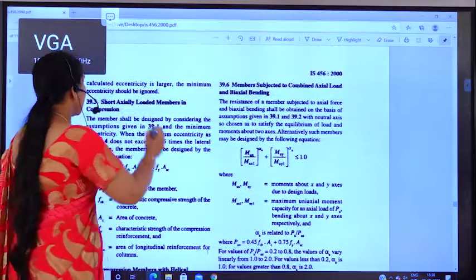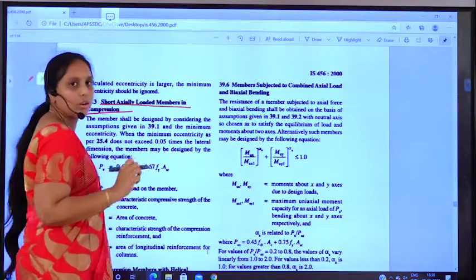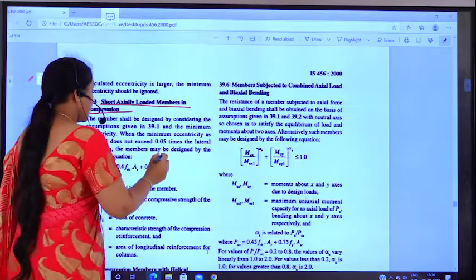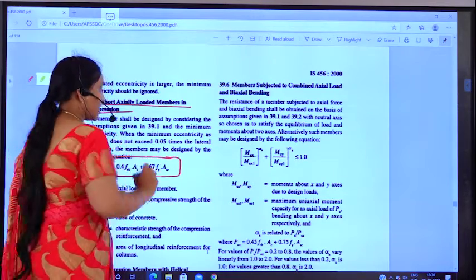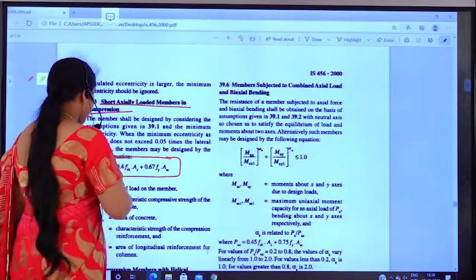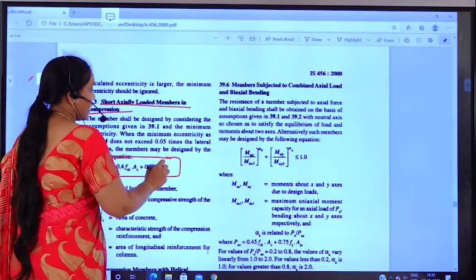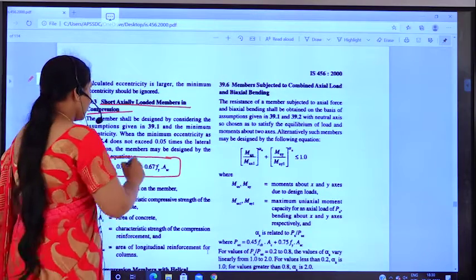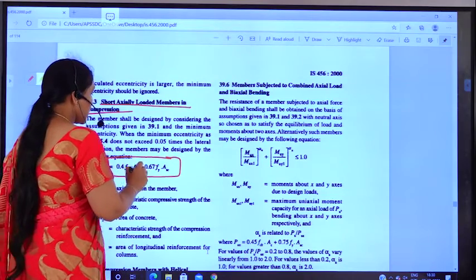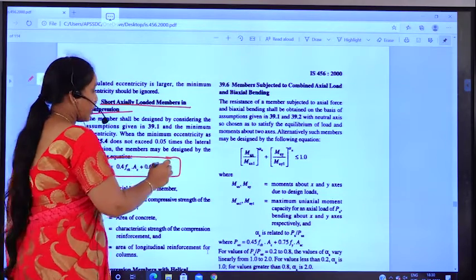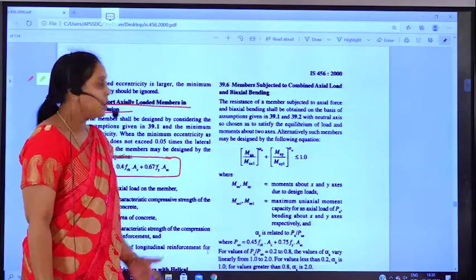For axially loaded short columns, this particular equation has to be used in the design: Pu = 0.4 fck Ac + 0.67 fy Asc. Here fck is the grade of concrete, Pu is the axial load, Ac is the area of the concrete, fy is the grade of steel, and Asc is the area of the longitudinal steel in the column.